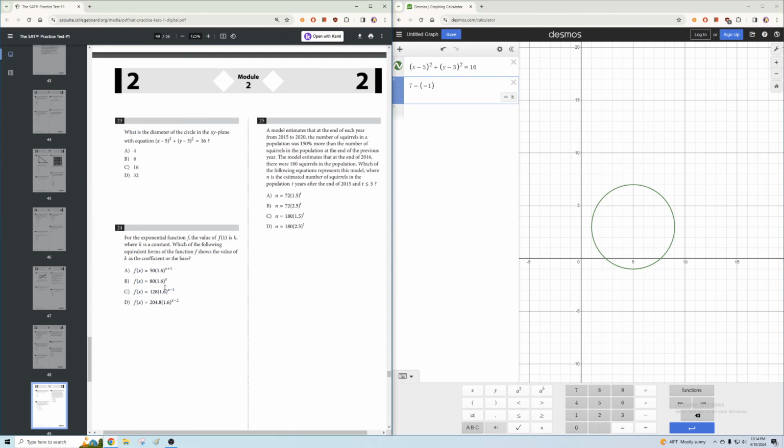Okay, so you got some equations here. Exponential functions. So the value of f of 1 is k, where k is a constant. Which of the following is equivalent forms of the function f shows the value of k as the coefficient or the base.